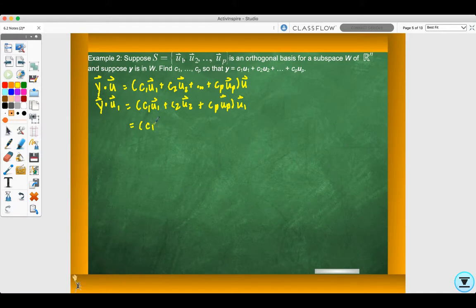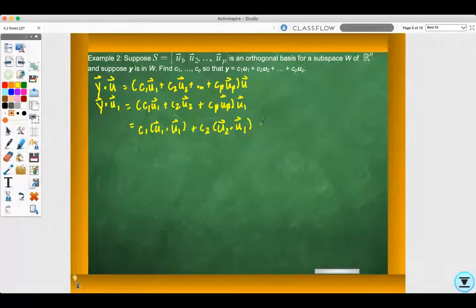And then this would equal, if I were to show this, c1 times u1 dot u1 plus c2 times u2 dot u1 plus cp times up dot u1. And as you know, since it's an orthogonal basis, this right here would equal 0, and this right here would equal 0.